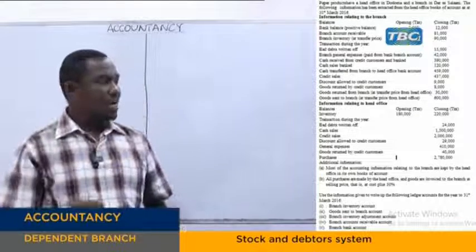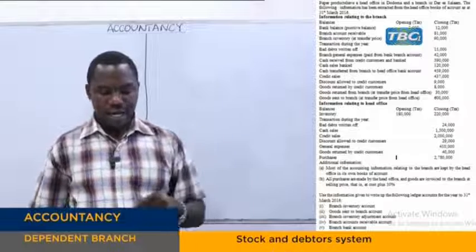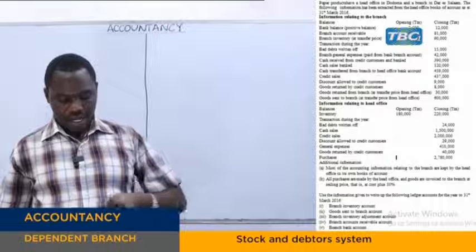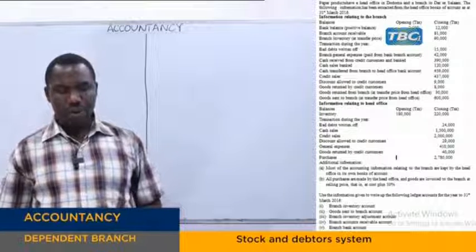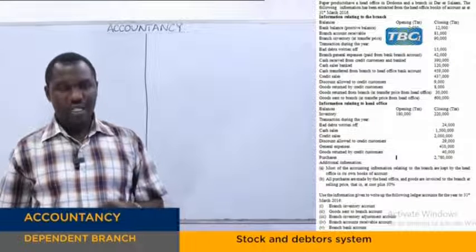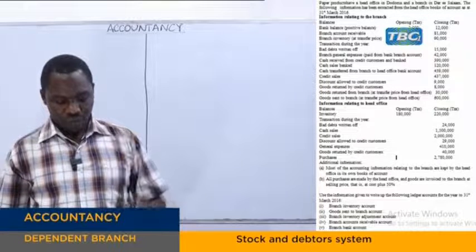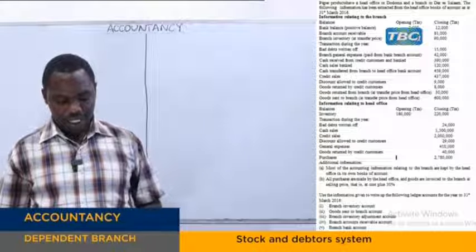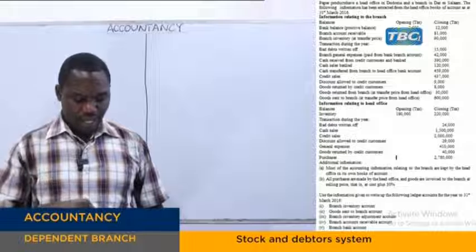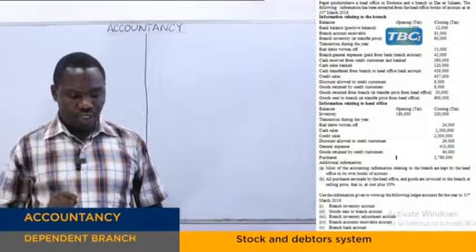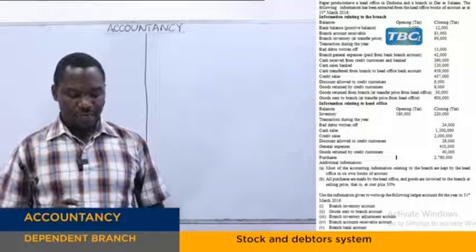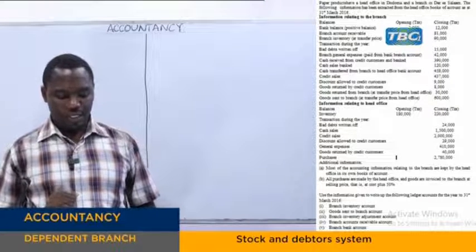But in the introduction part, we said that in this part we open up 6 books. Here we are not required to open up the profit or loss account. So this question requires us to open almost 5 accounts. Then, of course, here we are given 2 kinds of information: information relating to branch and information relating to head office.